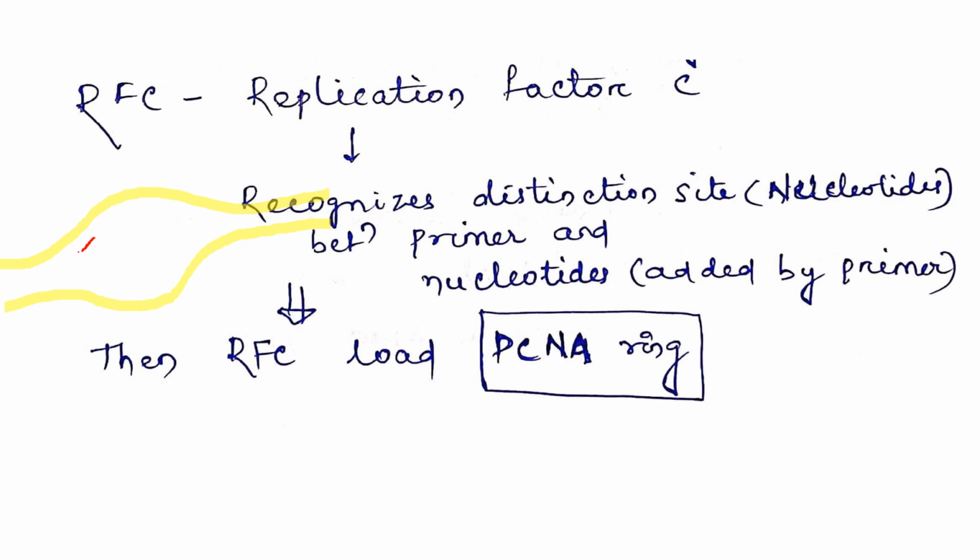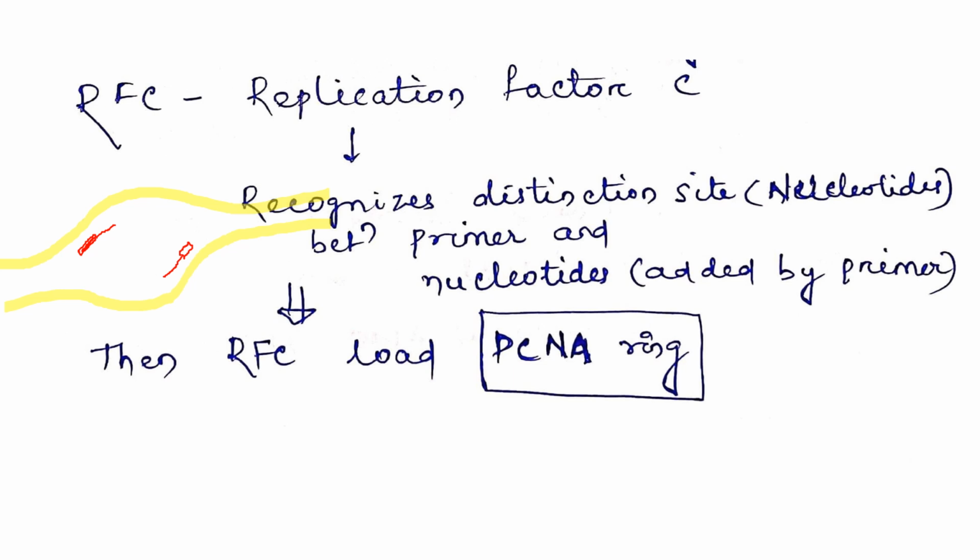Then after the primer, this DNA polymerase alpha can synthesize some nucleotides, about 10 to 15 nucleotides. Okay, 10 to 15 nucleotides. And these nucleotides will be attached to this primer.